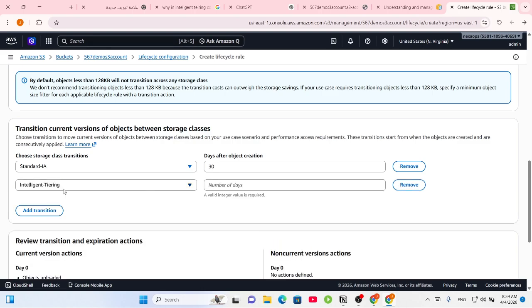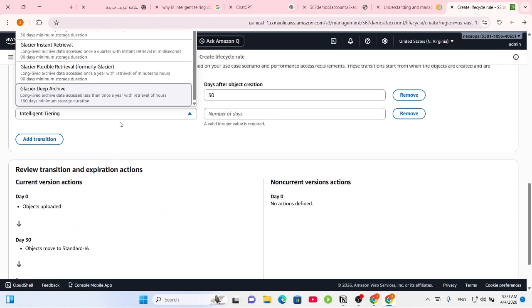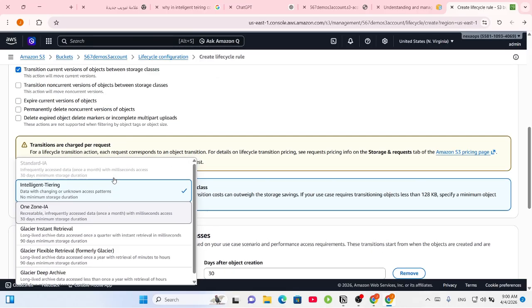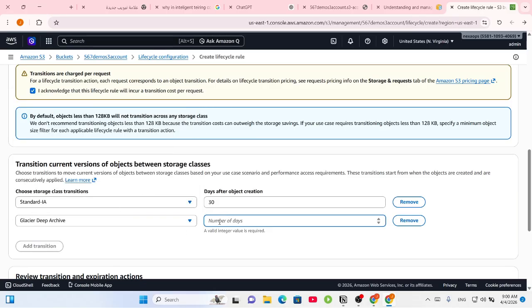Okay, now I'm going to make another one. Let's say I want to transfer it to deep archive. Okay, I can do that to Glacier. I can say after 180 days or something.